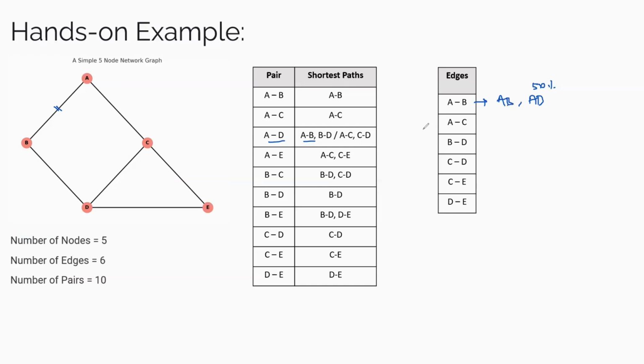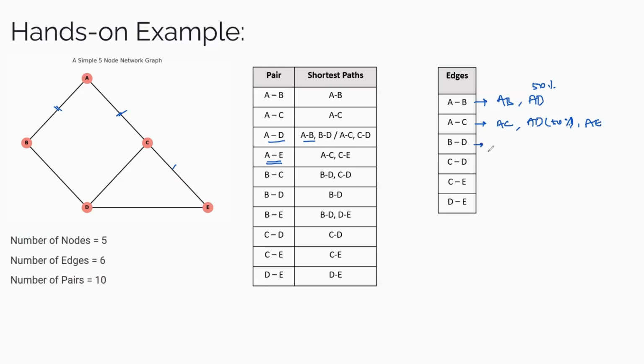So let's move on to the next edge, which is AC. Now again, AC is appearing directly in a direct connection between AC. But again, it appears in the same path, A to D path. So I would say AD, but only 50%. But it also appears in AE path, right? So it also appears here, and there is only one path from A to E, which is ACE. So I'll take complete path weightage.